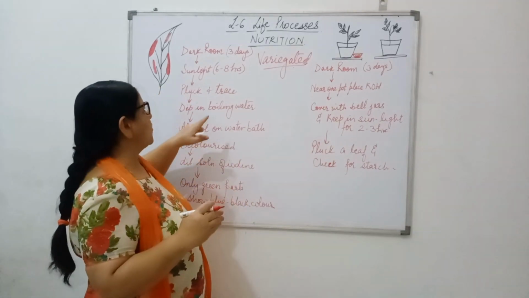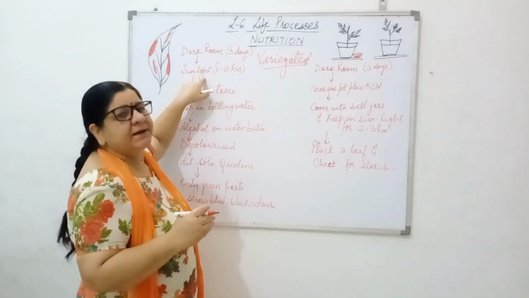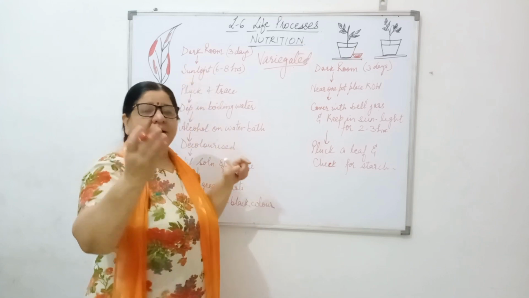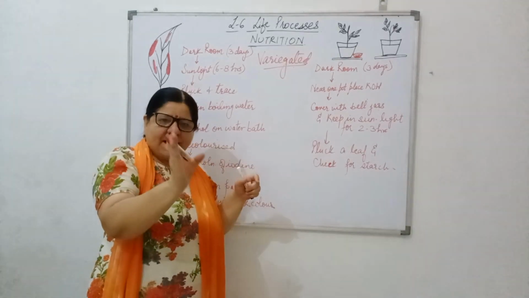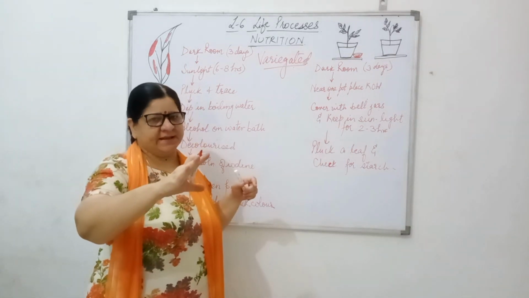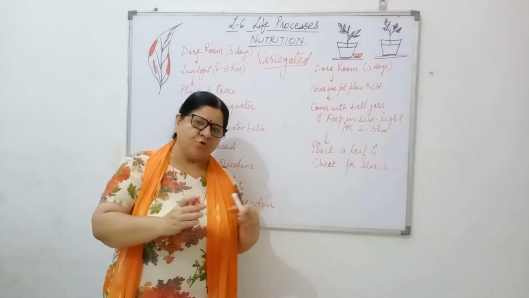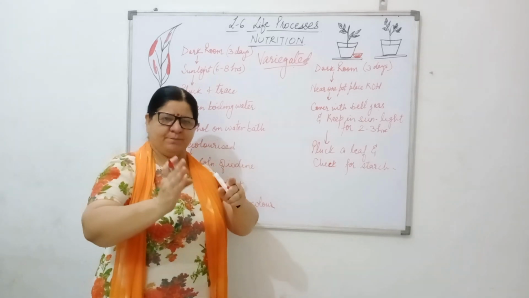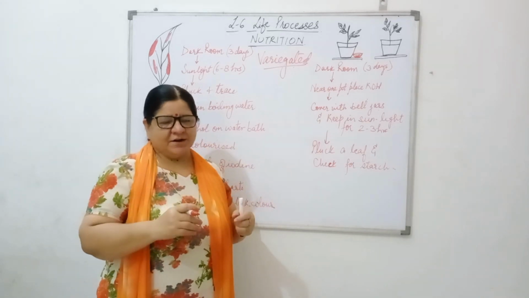Now what we do is, we pluck the leaf of this plant and on that plucked leaf we put a tracing paper. The tracing paper that you use for your drawing also. Right? When you have to trace something, you use a tracing paper.